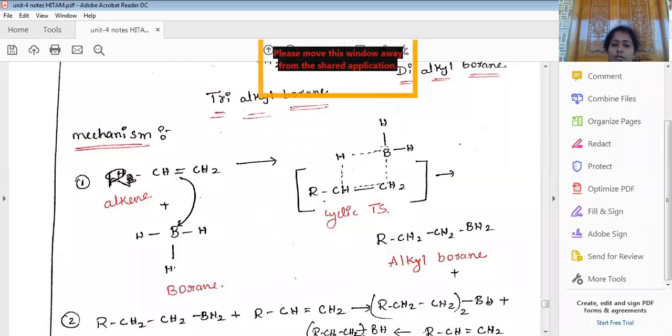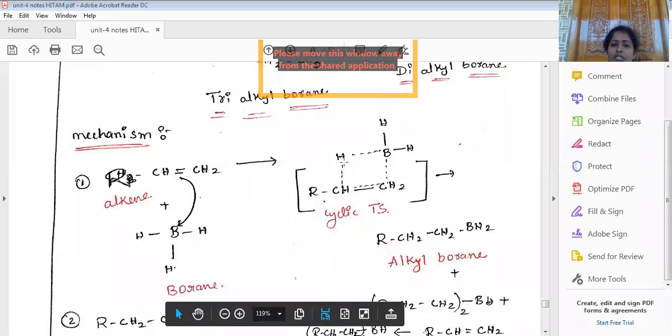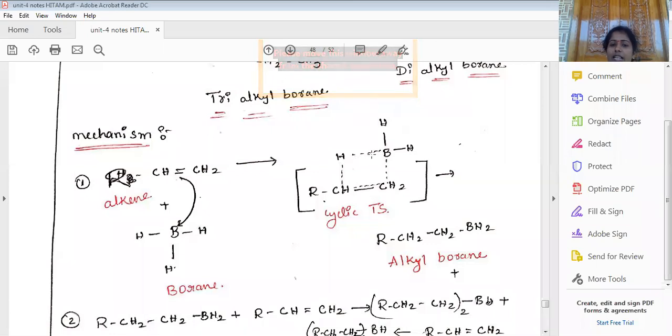When the double bond forms the bond with boron atom, there is a formation of a partial bond, which is indicated by dotted lines. Slowly one of the hydrogens from this borane departs, again indicated by dotted lines.